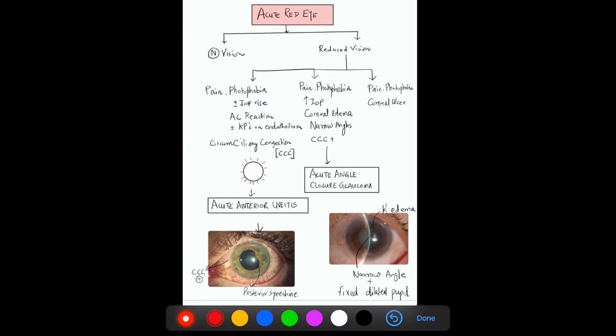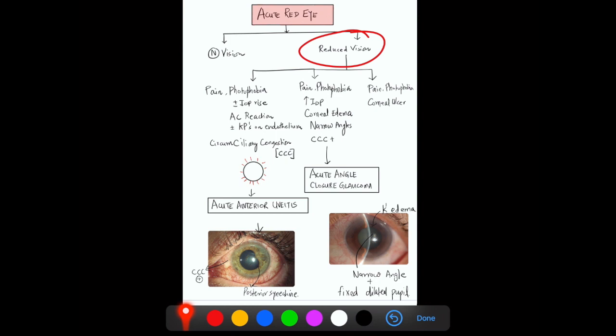But what about the reduced vision? See, among the normal vision, scleritis is the most threatening one, most dangerous villain. But amongst the reduced vision, I think all of them are vision threatening, all of them are very important. The most important being the acute angle closure glaucoma. A patient coming to me with pain, redness, photophobia. The patient is so much in pain, he's vomiting, he's having nausea, he's having malaise.